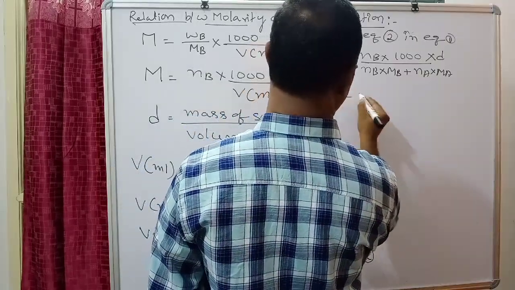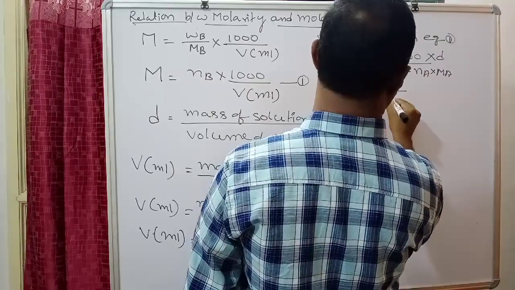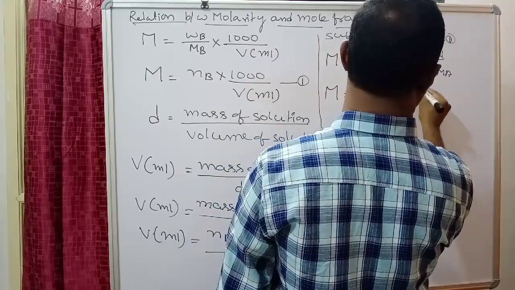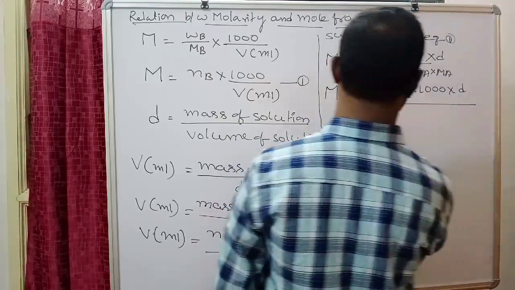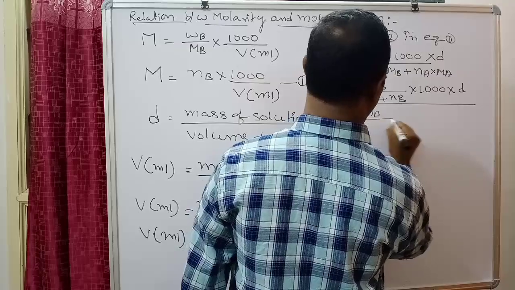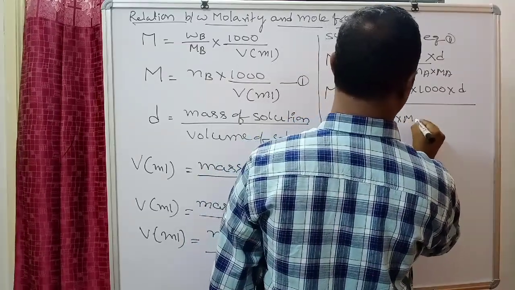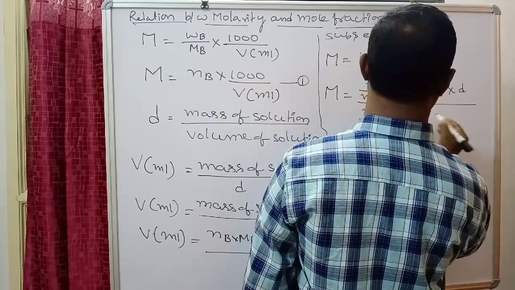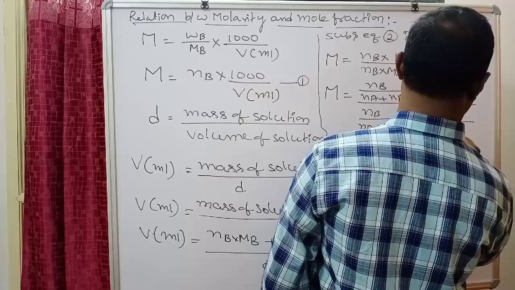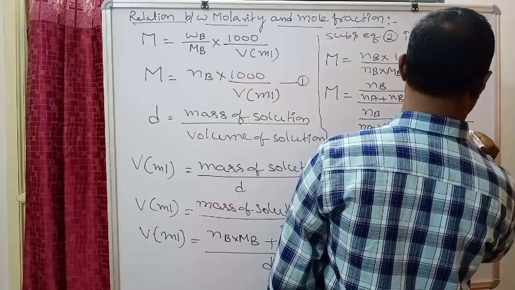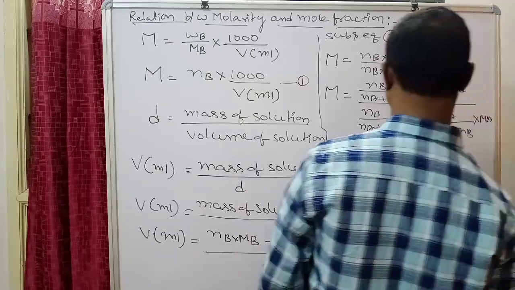Again you can write the equation like this: NB by NA plus NB into 1000 into D, whole by NB by NA plus NB into MB plus NA by NA plus NB into MA.